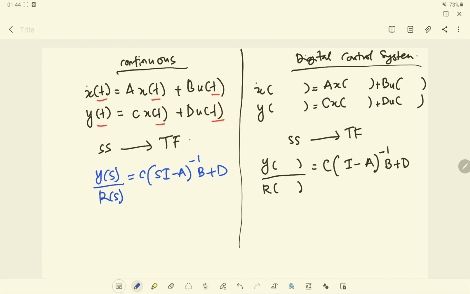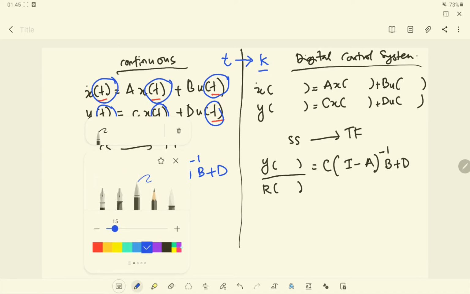Obviously, in continuous forms we use t, the time domain. Everything in the form of t represents the time domain. Now in digital control systems and digital forms, t will be replaced by k.